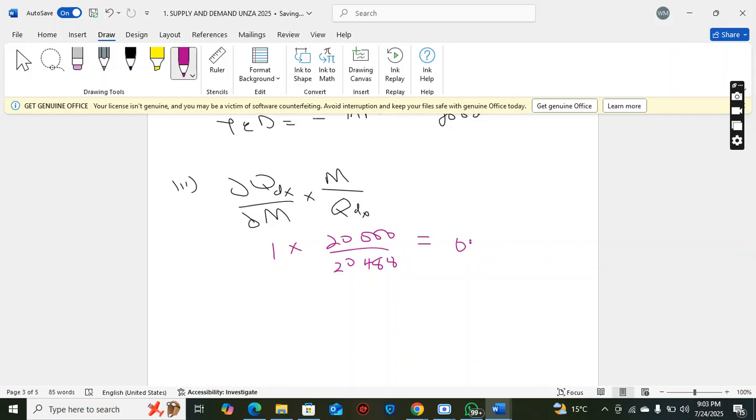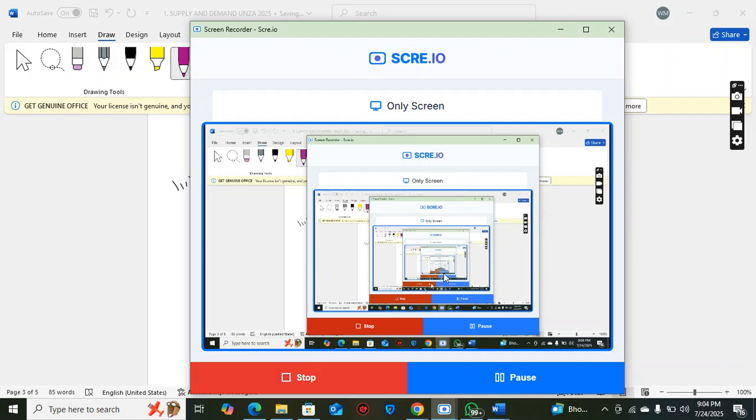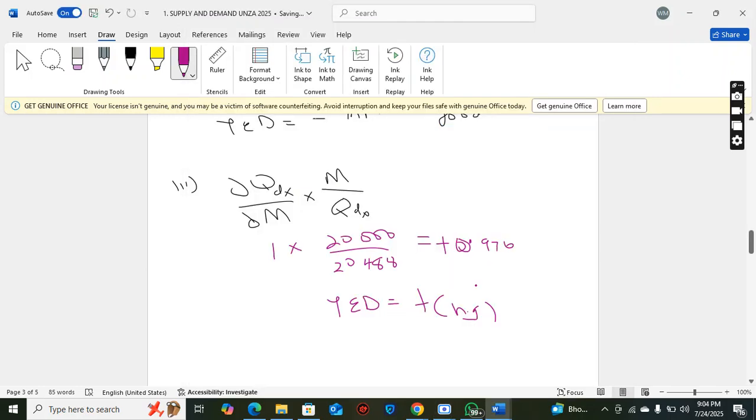We've got a positive value, which is telling us this is a normal good. So since the income elasticity of demand is positive, we're dealing with a normal good. I'll just put it here as NG. It's a normal good. Any questions? Let me put this properly. So this is 0.976.